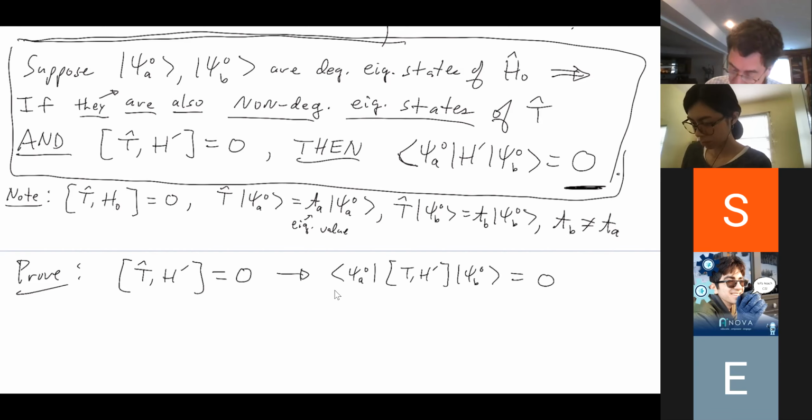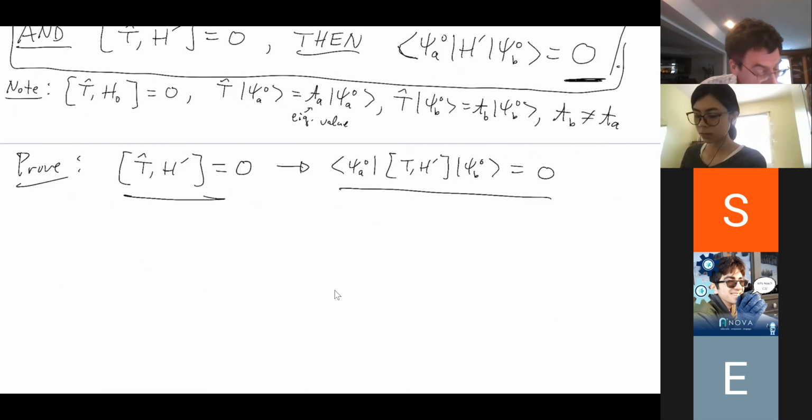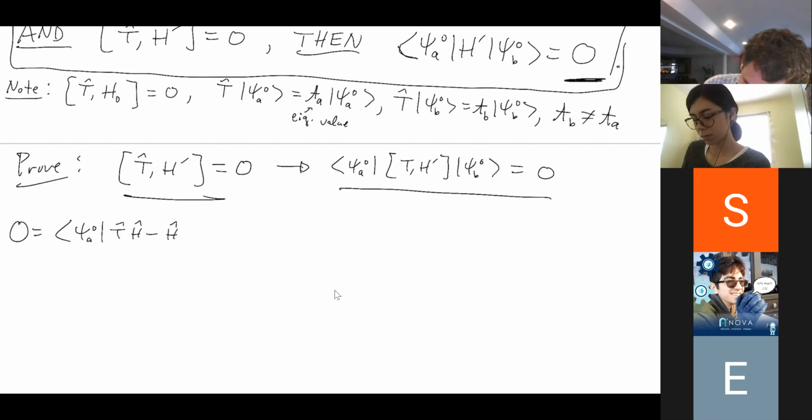If this is true, then this is true, because I just did the same thing to both sides. But if that's true, then let's write it out. So 0 is equal to psi A naught, TH' minus H'T, psi B naught.